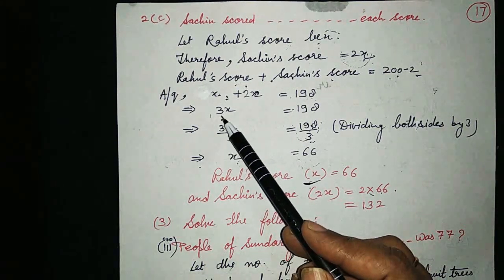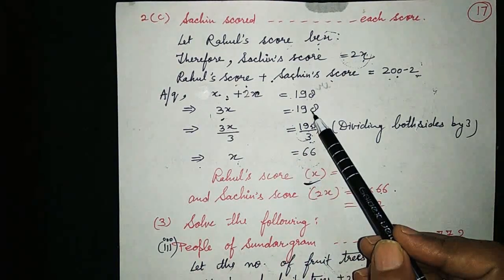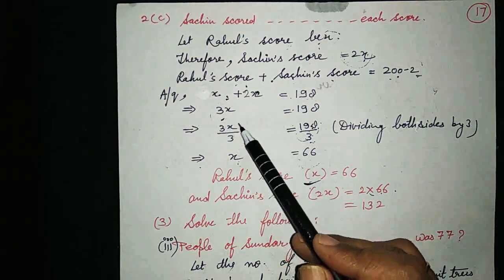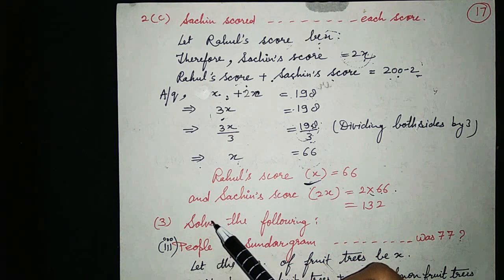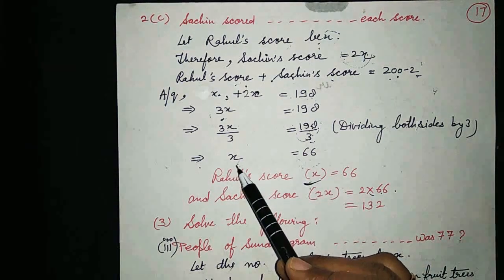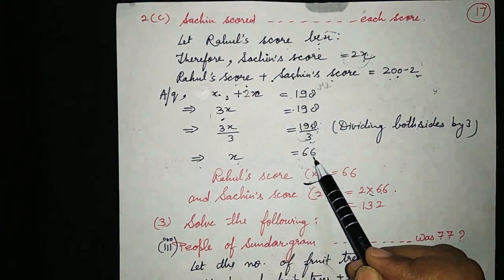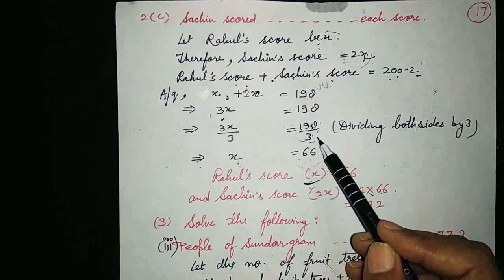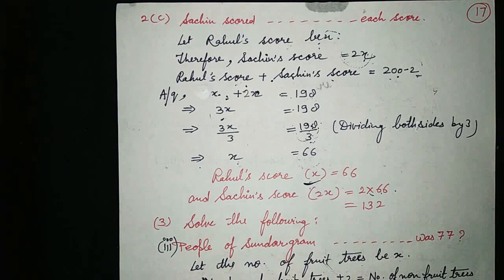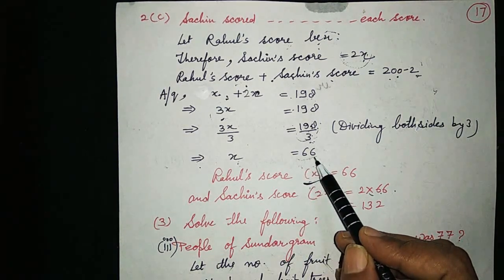As this 3 is in multiplication with this x, so both the sides we will divide by 3 to get the value of this unknown x. After dividing both the sides by 3, on the left hand side we will get x, and on right hand side, after dividing 198 by 3, we get 66.